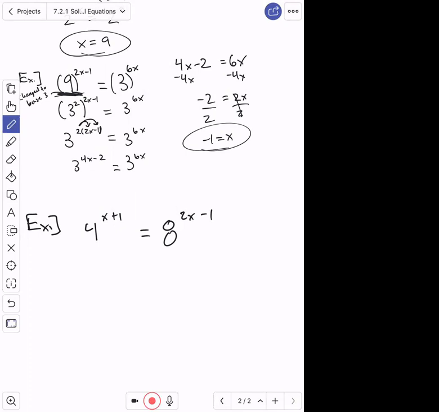Both of these you could write as base 2 though. 4 is 2 to the power of what? 2 squared, right? 4 is 2 squared. 8 is 2 to the power of 3. 2 times 2 times 2.